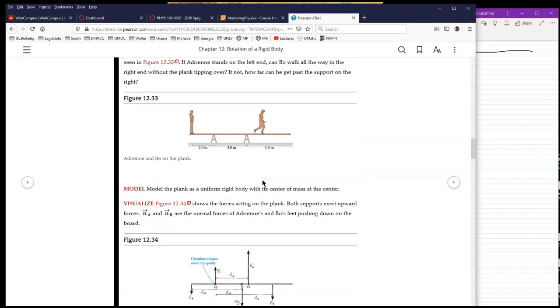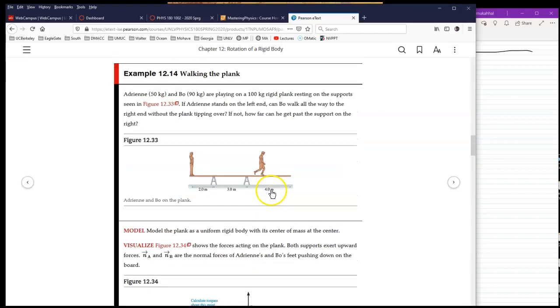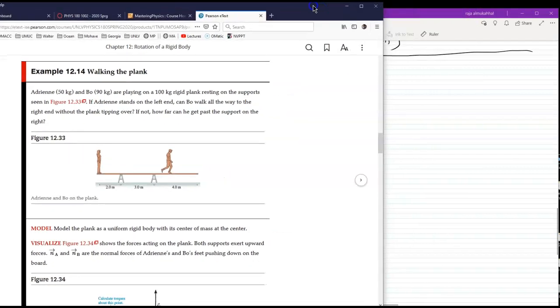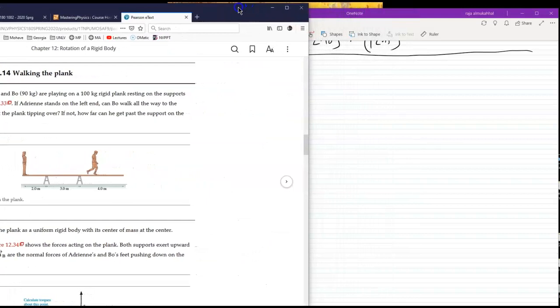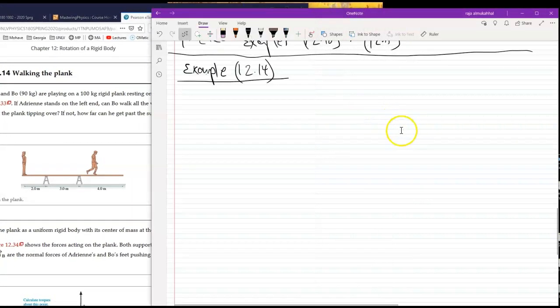So let's look at this problem, and I'm going to solve it my method. I'm not sure how he did it. I'm going to do it my way. All right, let me move this to the side without getting out of the screen. It probably should be good enough here. There we go. Okay, so let's draw it. So here is the plank right here. Just give me a second to draw it.